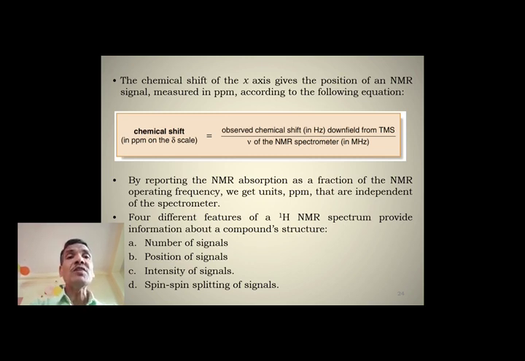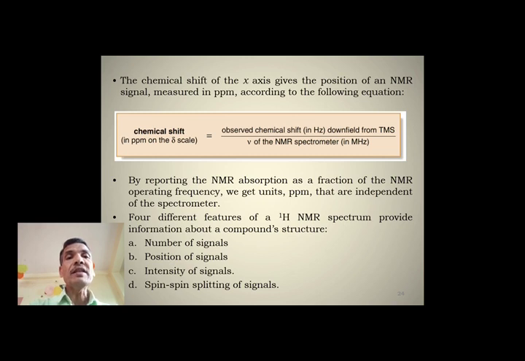The x-axis gives the position of the NMR signal measured in ppm according to the following equation, where chemical shift in ppm on the delta scale is equal to the observed chemical shift in hertz divided by the frequency of the NMR spectrometer in megahertz.